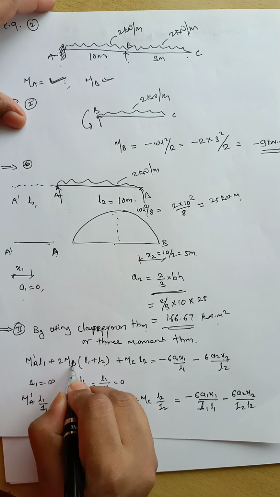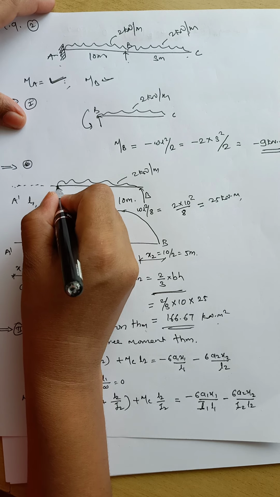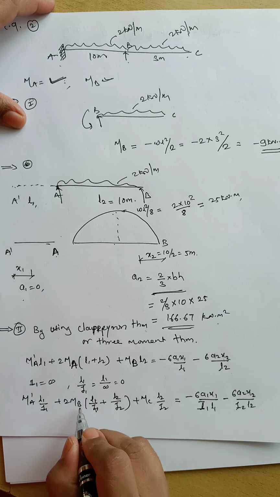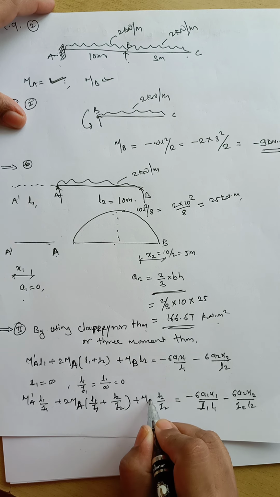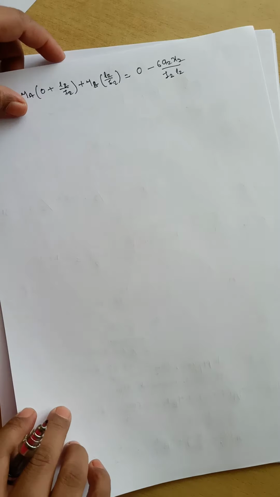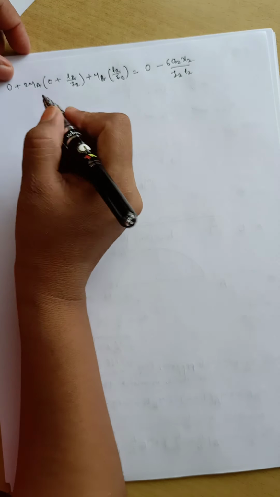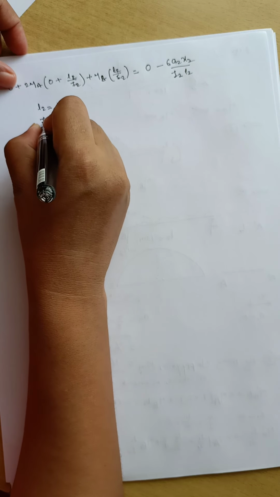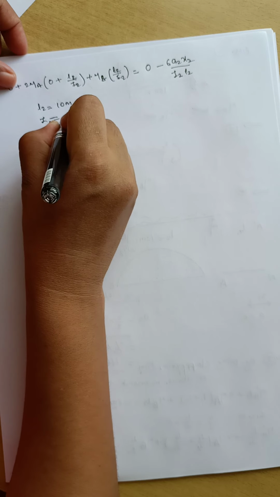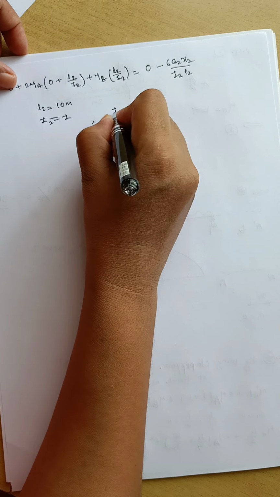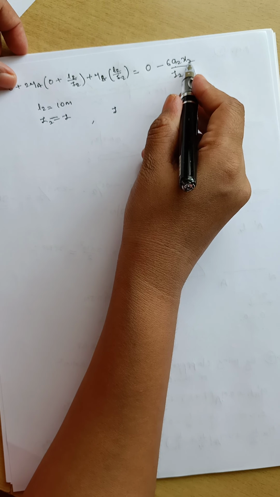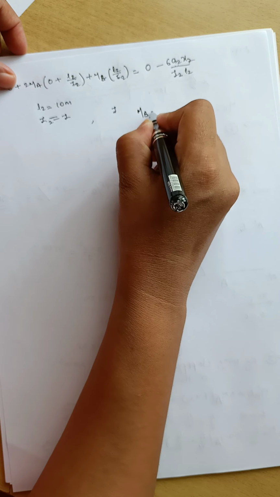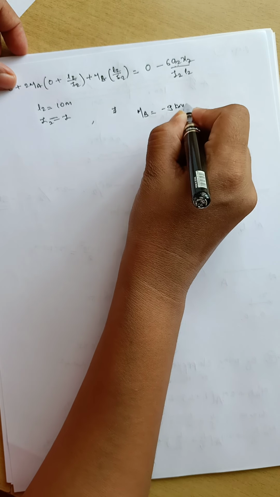Now I want to clear one thing here. The first support is considered A, and the name of the next support is B. Now here I correct the point. We know L2 is equal to 10 meter. I2 is uniform, I am considering I2 as I. X2 and A2 are already calculated. MB we calculated, that is minus 9 kilonewton meter.